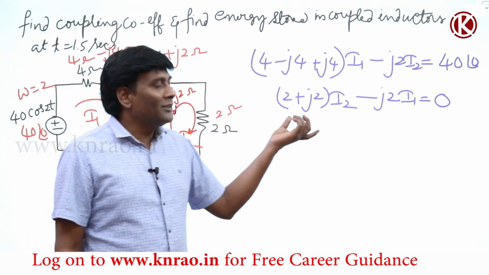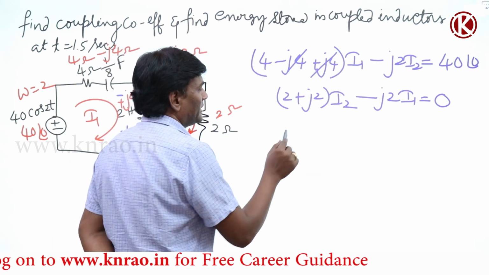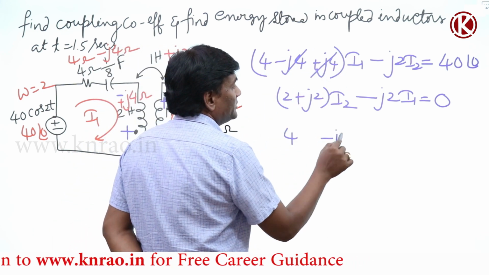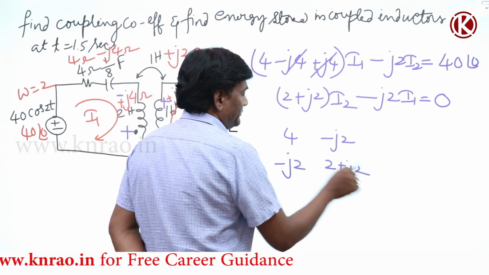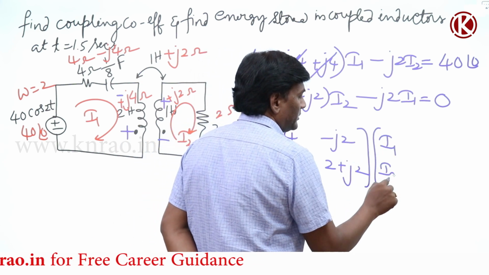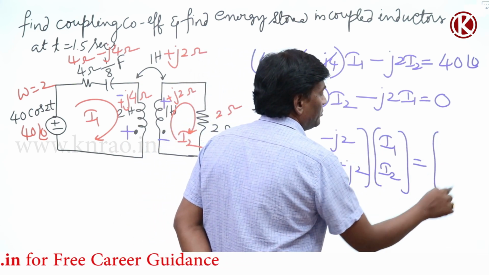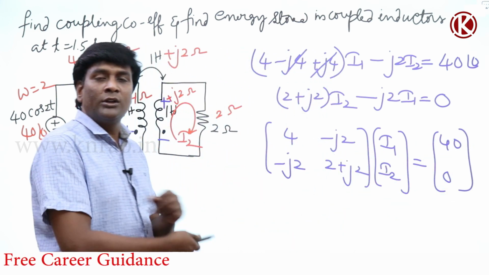Now if you convert this into matrix form, plus j4 and minus j4 will cancel. 4, minus j2, minus j2, 2 plus j2, into I1, I2 equal to 40, 0. You are supposed to calculate I1 and I2.